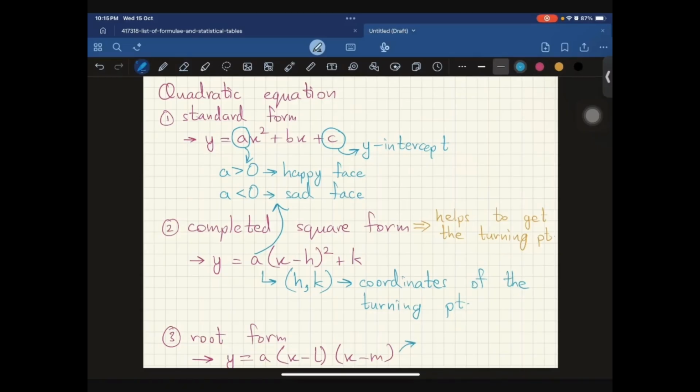We'll also discuss what roots are in the future. But L and m are the roots. Again, we'll have to go into detail to understand what roots are, but that's what the root form is for, to get the roots. Okay, so let's move towards the completed square form and how to get that, so that we cover one solid topic today.